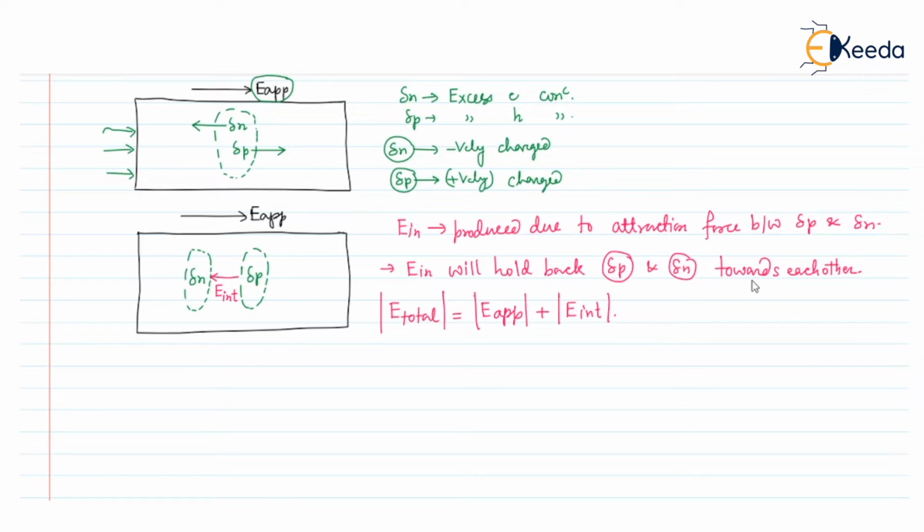Due to this internal field, the negatively charged excess electrons and positively charged excess holes will drift or diffuse together because they are bound by an internal electric field. They cannot be separated. So they will drift or diffuse together with a single effective mobility or diffusion coefficient.